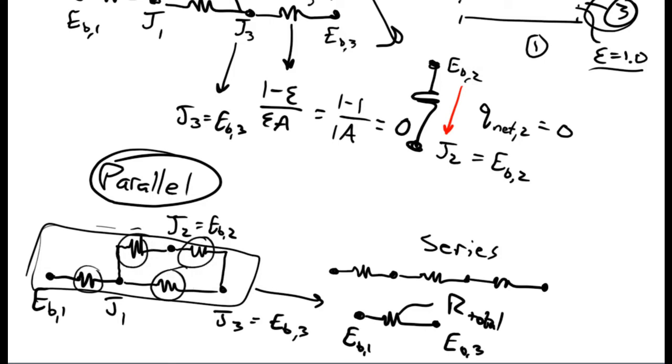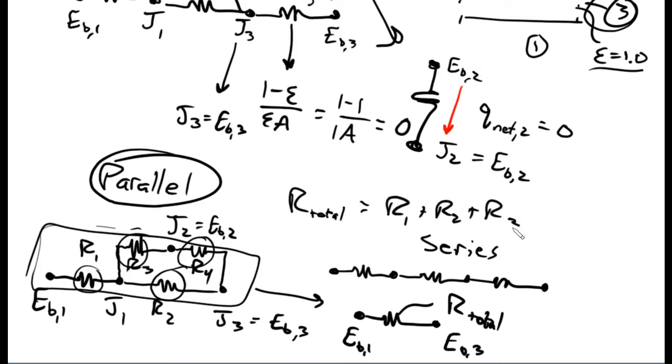Now, you cannot just add them together, right? Our total is not going to be equal to R1 plus R2 plus R3 plus R4. That is not true because they are not in series. These resistors right here are in parallel. So you can add these.